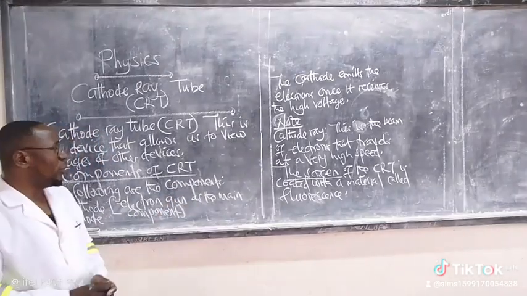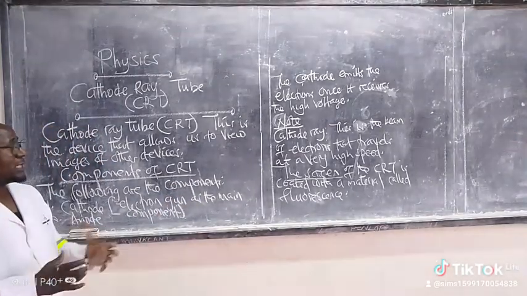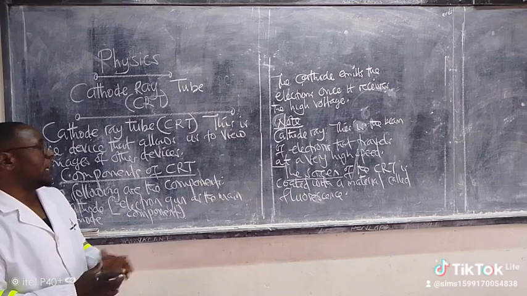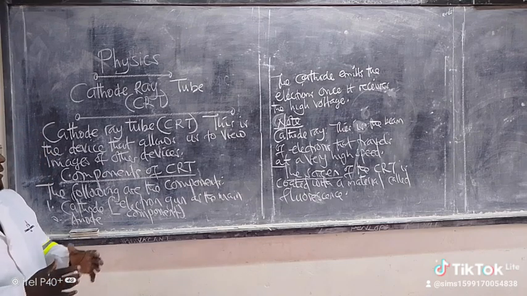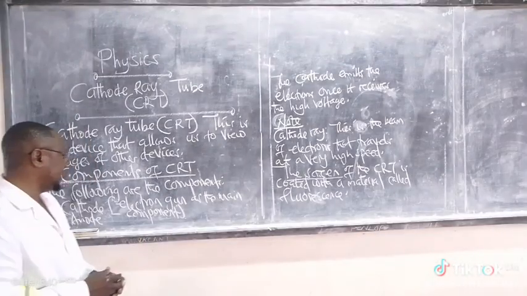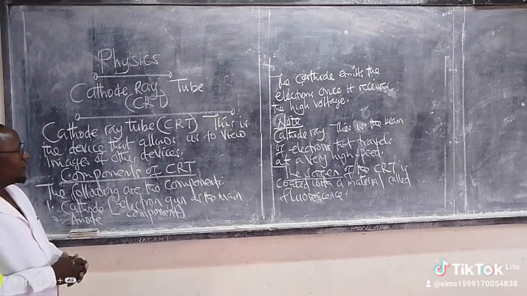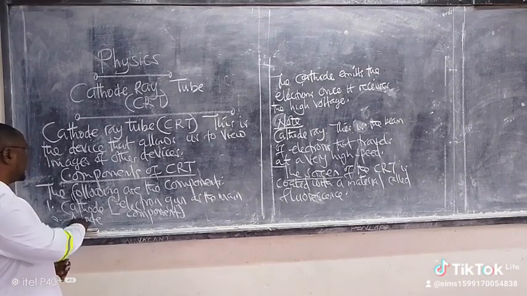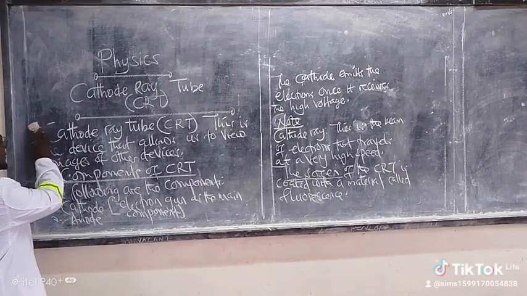Apart from that, we may also look at the structure of the cathode ray tube. What is the structure of the cathode ray tube? The following is the structure.